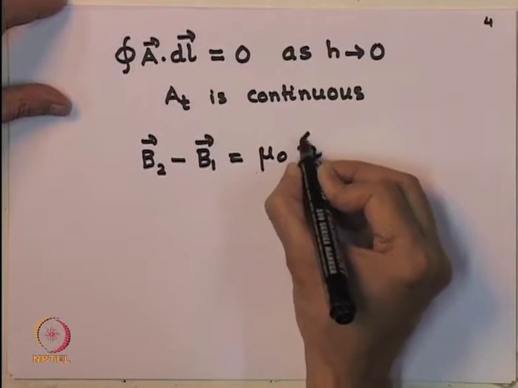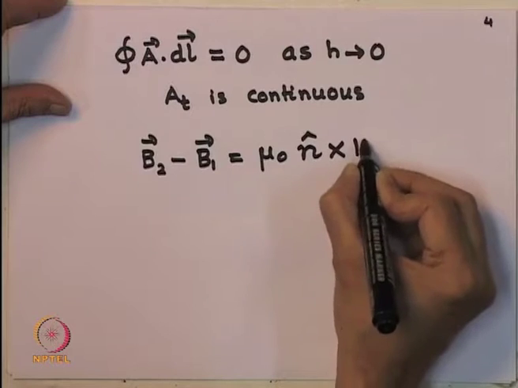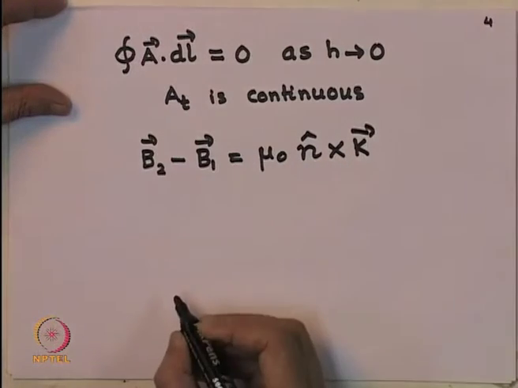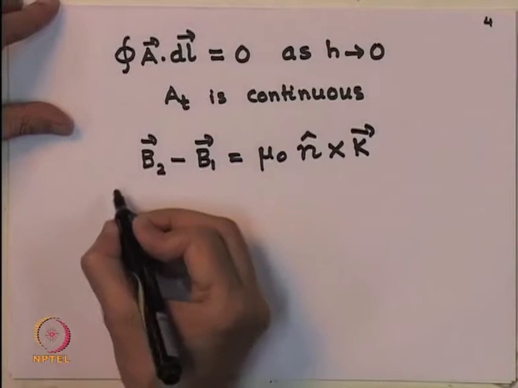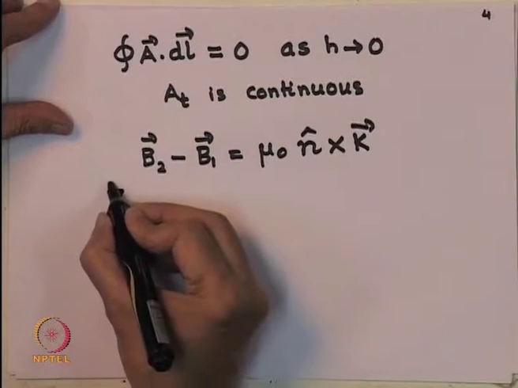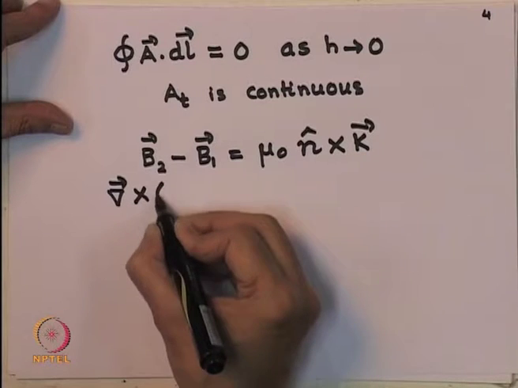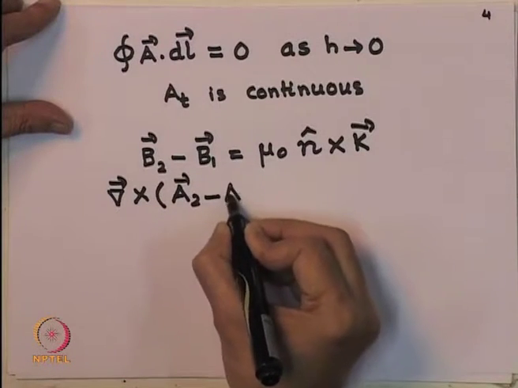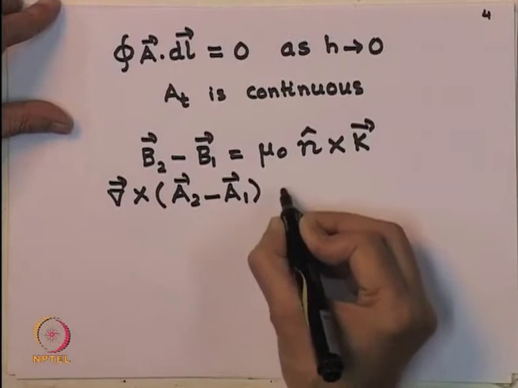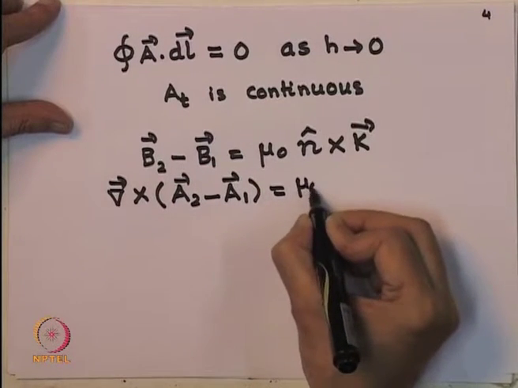This is what we had just now proved. And now we write B 2 and B 1 in terms of the curl of the vector potential. So, this is curl of A 2 minus A 1, this is equal to mu 0 n cross k.